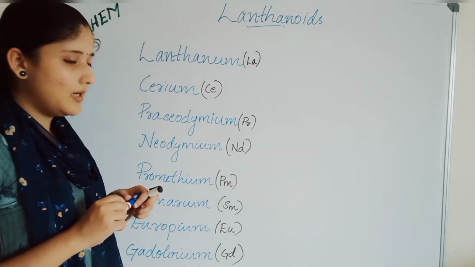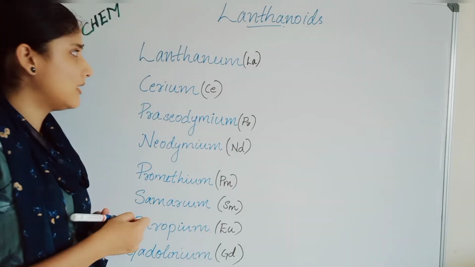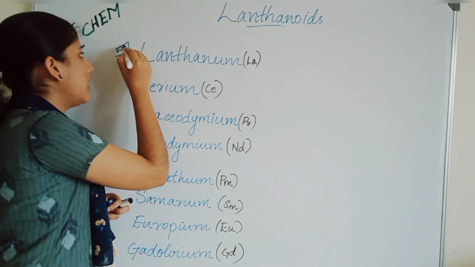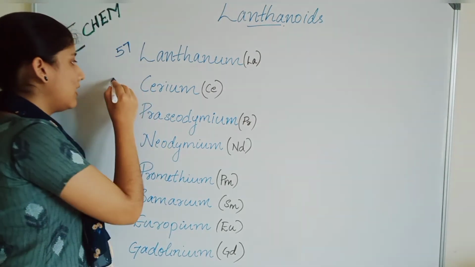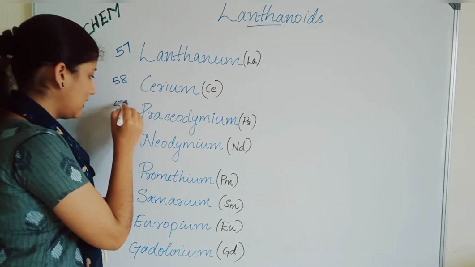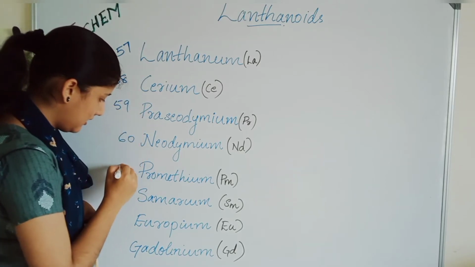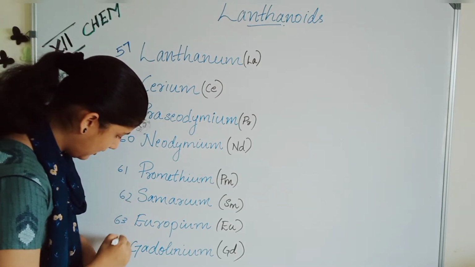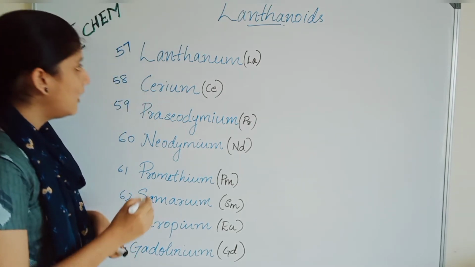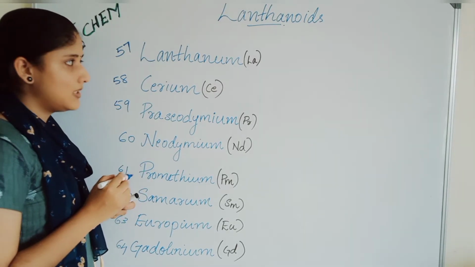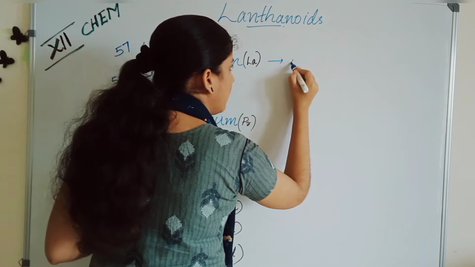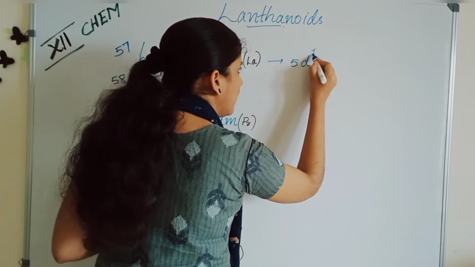Look at the elements of the lanthanoid series. The first element has atomic number 57. Lanthanoids start with 57, 58, 59, 60, 61, 62, 63, 64. The first element is lanthanum, and the outer electronic configuration is 5d1, 6s2.